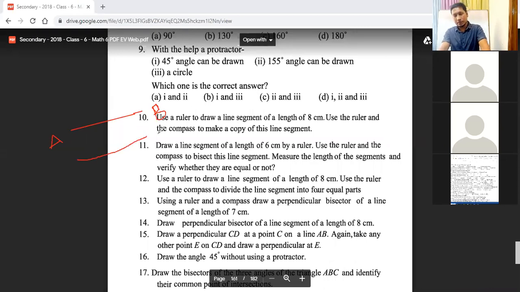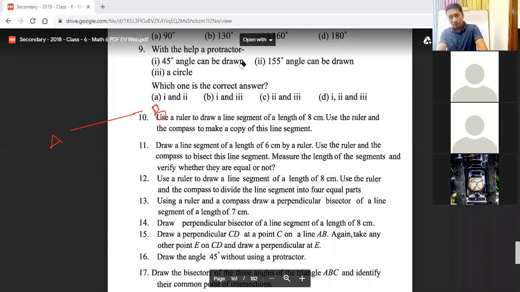Sorry, we have to draw a straight line. I'm erasing this. You have to draw another line which will be also 8 centimeter long. You can give a name CD here. So CD will be equal to 8 centimeter, and it will be the copy of AB.